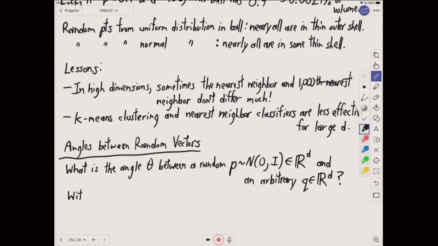Now, because we're using a distribution that is rotationally symmetric, meaning you rotate the distribution around the origin, it looks exactly the same, then without loss of generality, we can just assume that the vector Q is equal to the vector that starts with a 1 and all the other items are 0.